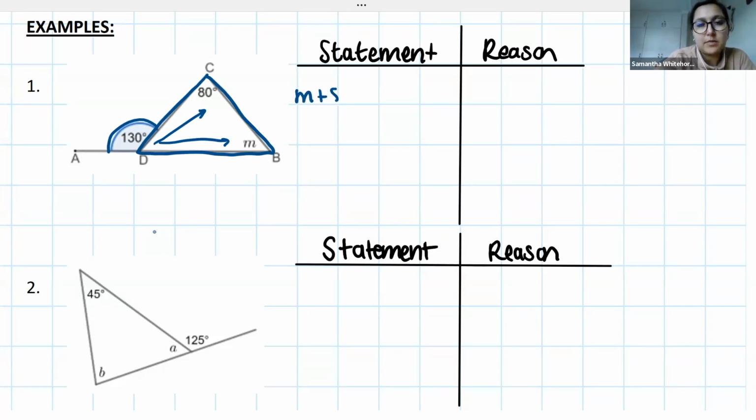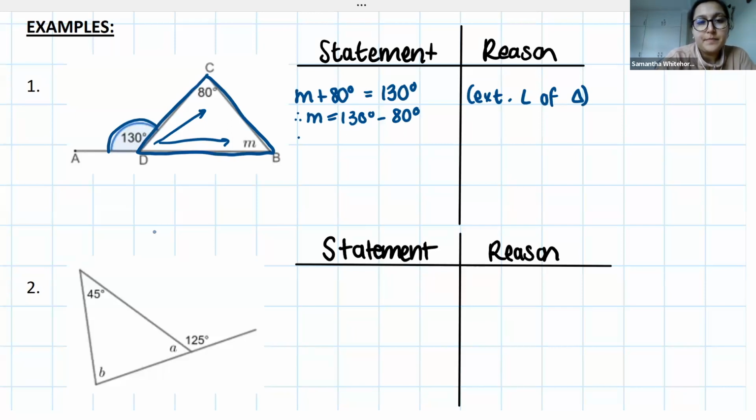That's the statement we're going to make: M plus 80 degrees must give us 130 degrees because of exterior angles of a triangle. Now we just solve for M. We subtract 80 on both sides. 130 minus 80 gives us that M is equal to 50 degrees.